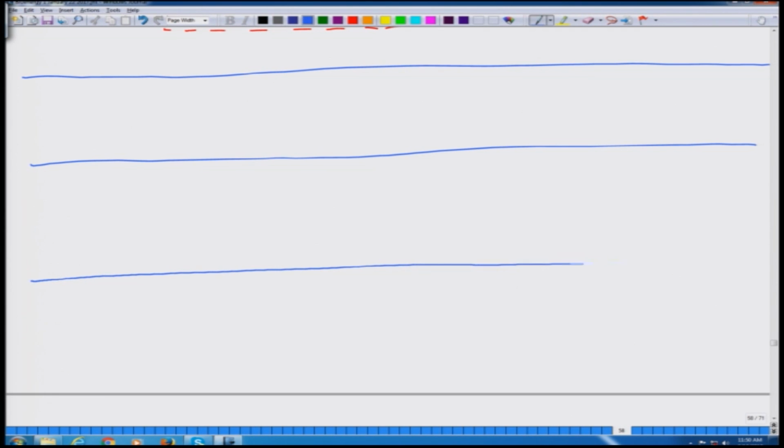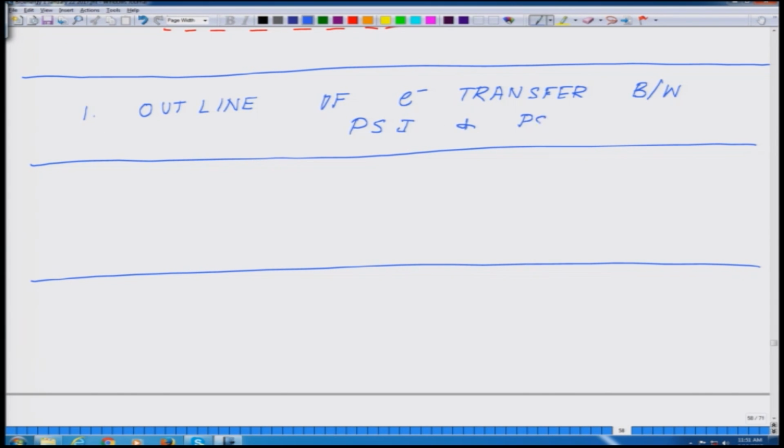Our next goal will be, one, the outline of electron transfer between photosystem 1 and photosystem 2, which of course you can also mention as 700 or 680, the outline of electron transport with respect to the redox potential. This is one aspect that we will be dealing with now.